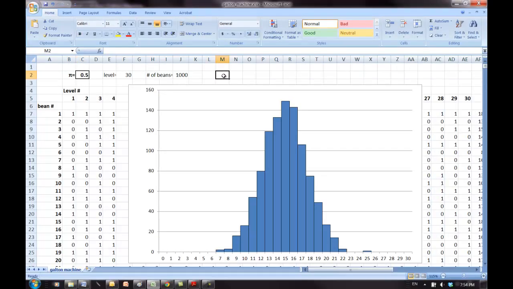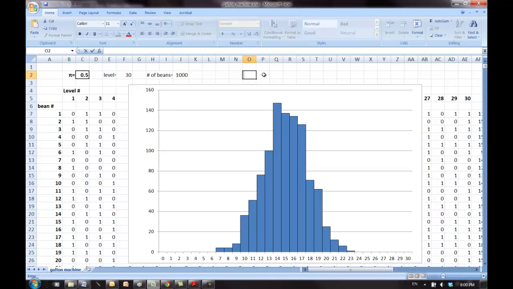So this is an Excel worksheet that I designed to simulate the mechanical Galton machine with 30 levels and 1,000 beans poured down the machine. And I leave the probability of going left or right adjustable here.